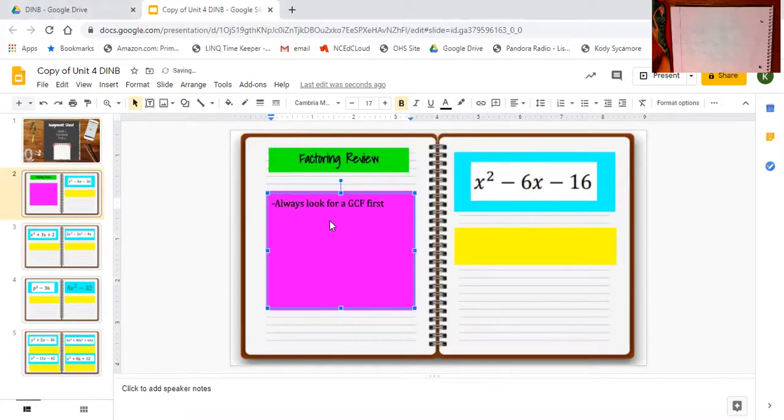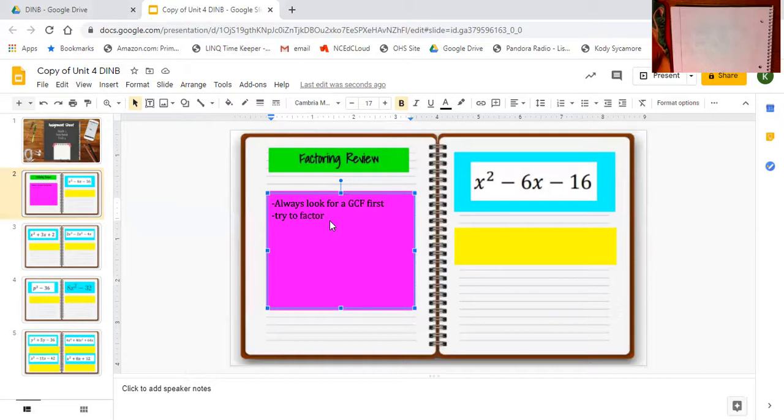And remember, GCF stands for greatest common factor, which means every term would have something in common. After that, then that's when you're going to start trying to factor whatever's left, if it's a quadratic or anything like that.